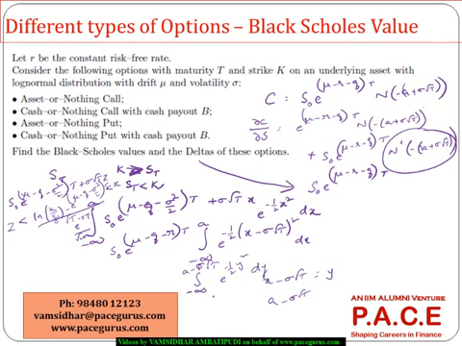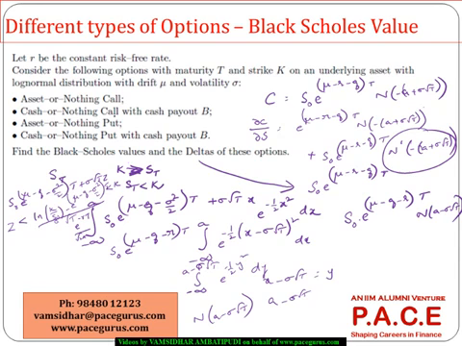So obviously this is becoming N of a minus sigma root t. So S naught into e power mu minus q minus r times t into N of a minus sigma root t. Right, so that is what is coming out for asset or nothing kind of a put.